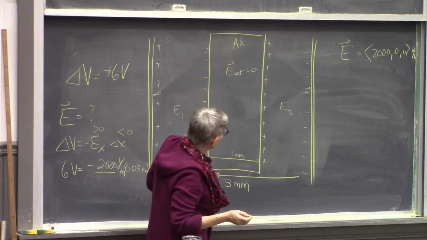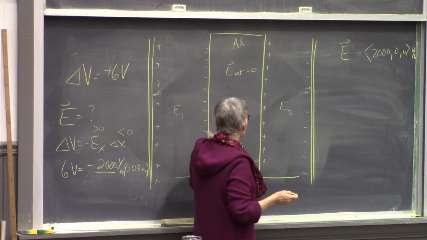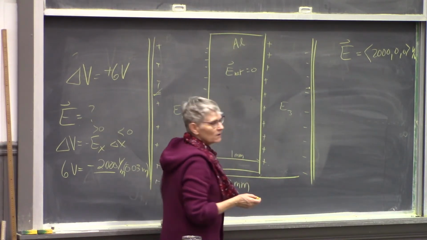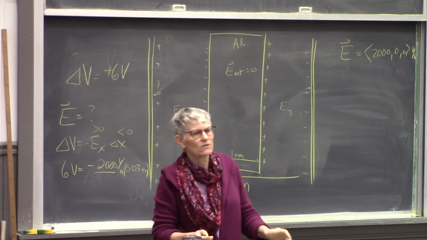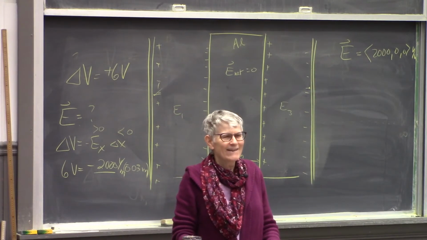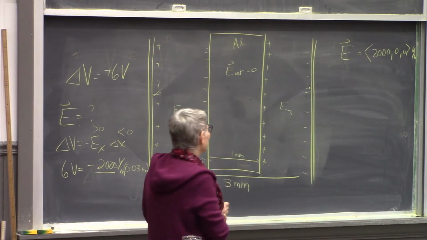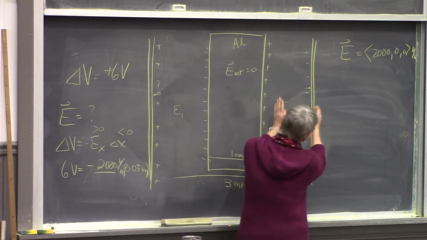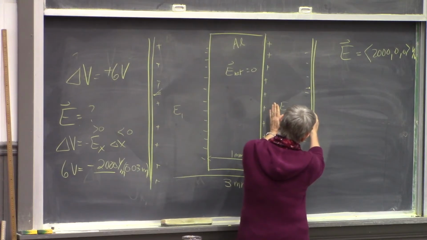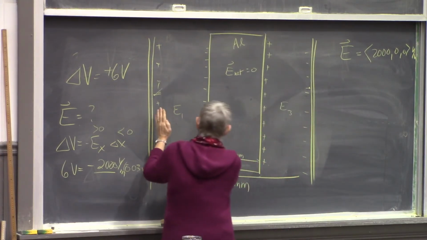Now the question is, we now have a whole bunch of other charges, so what on earth are E1 and E3? There's kind of an interesting way of looking at that. Because as Charles suggests, this sort of looks like a capacitor, actually. And so does that.